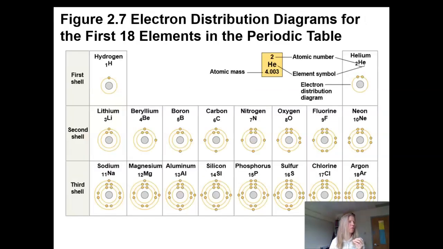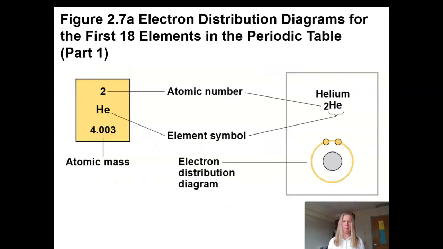We were on helium, right? 2 protons, 2 electrons. If you add a 3rd proton, it becomes lithium, right? The atomic number of lithium is 3. There's 3 protons. So if you change the number of protons, you change the element. If you change the number of neutrons, you have an isotope.